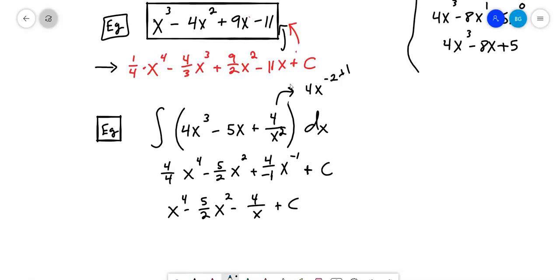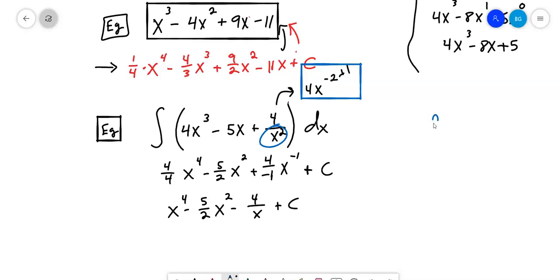So notice how I rewrote this term here. That's kind of important because, just like with differentiation, at first you think the power rule may not be too useful, how many things are polynomials, but you can get a lot of mileage out of it because anything like so you can write as a negative exponent.